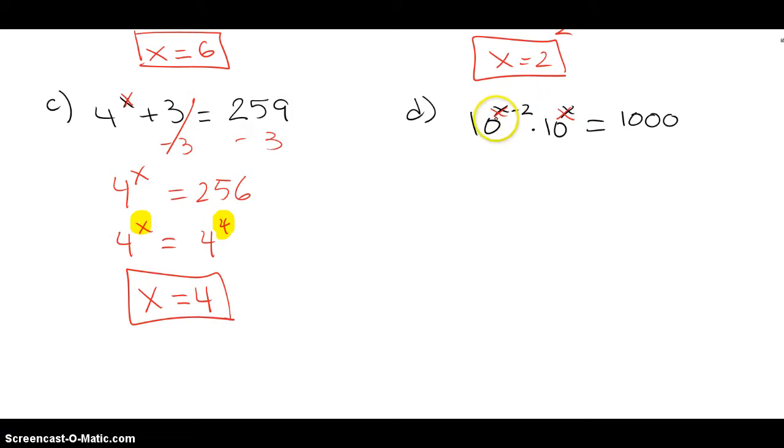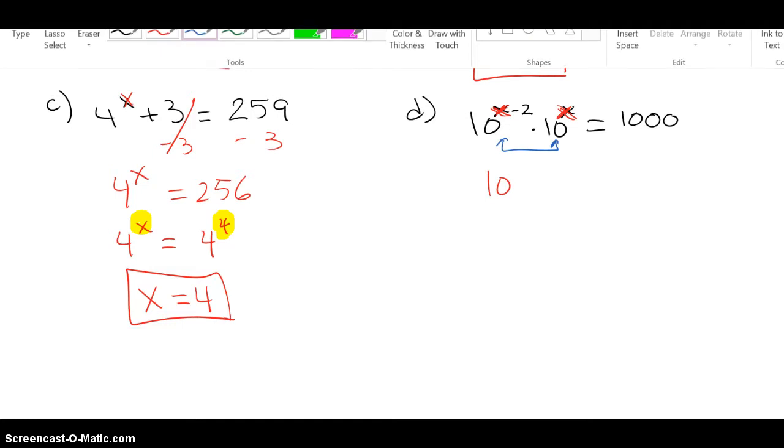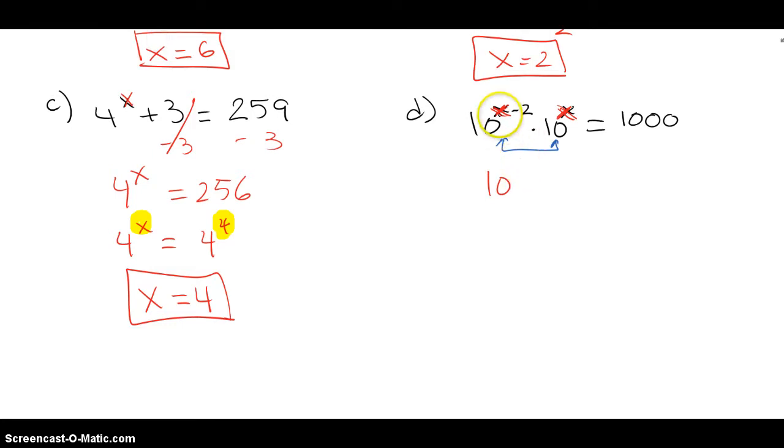For D, again, it's an exponential equation because x is in the exponent spot. Now notice I have 2 base 10s on the left. My goal is always to have one base raised to a variable, and whatever the other side is, get that to be the same base. So I'm going to add these exponents so I can merge these two into 1. So that's going to end up giving me 10 to the x plus x, which is 2x, minus 2. And why did that happen?